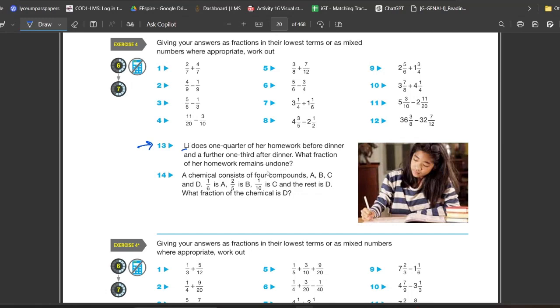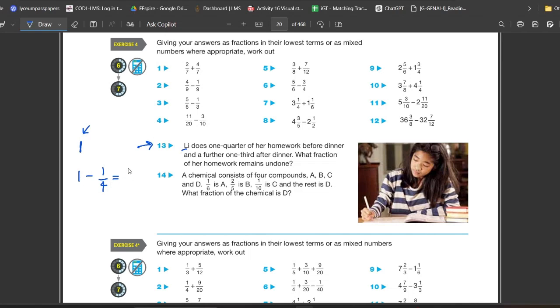So let's think that Lee's homework is 1. Lee does one quarter of her homework. So what is remaining? 1 minus 1 over 4. That's the remaining.